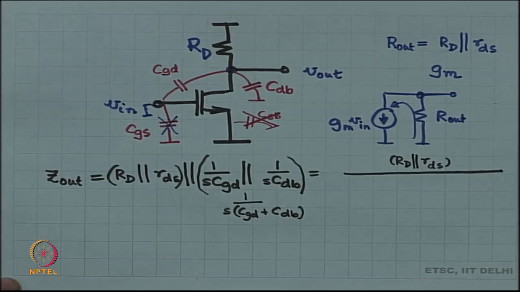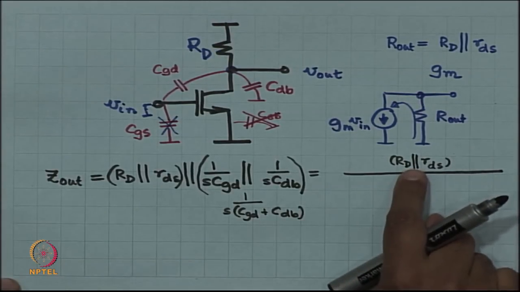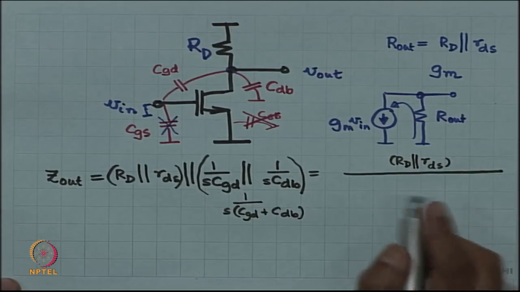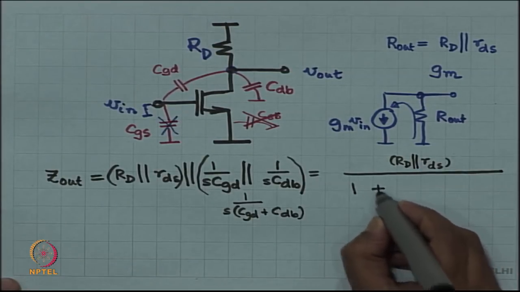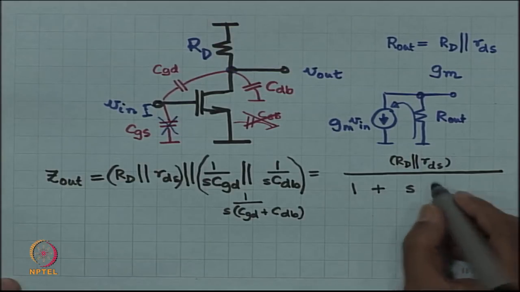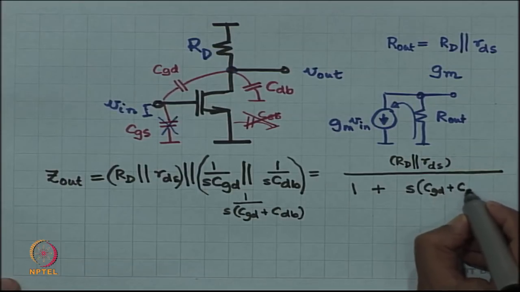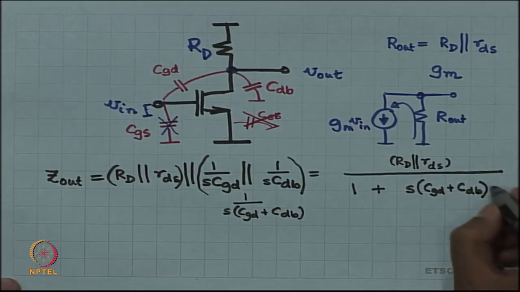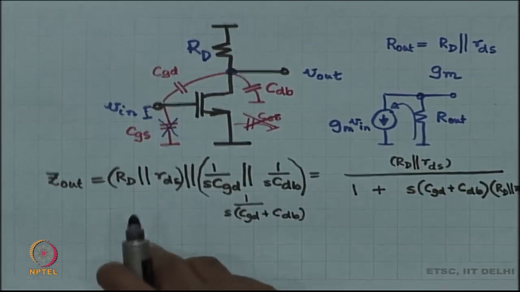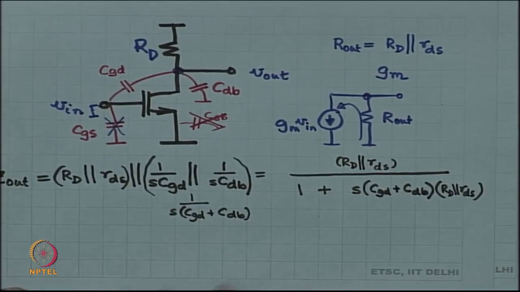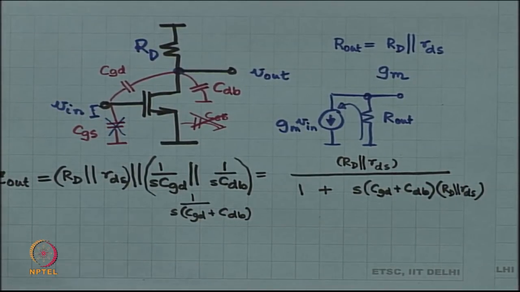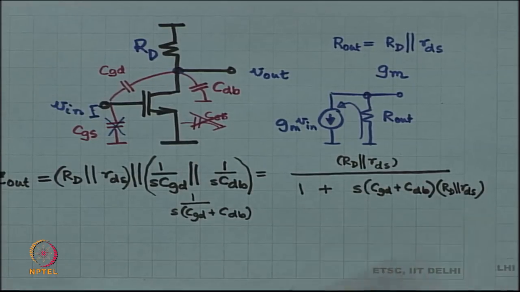So, it is R, that is the DC quantity, divided by 1 plus S C R. You can do the algebra, you will come up with this answer, do not you worry about it.